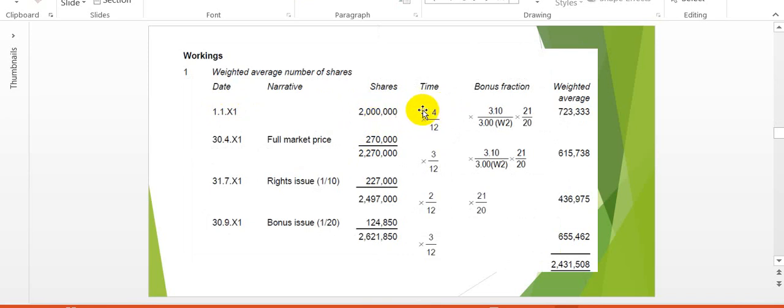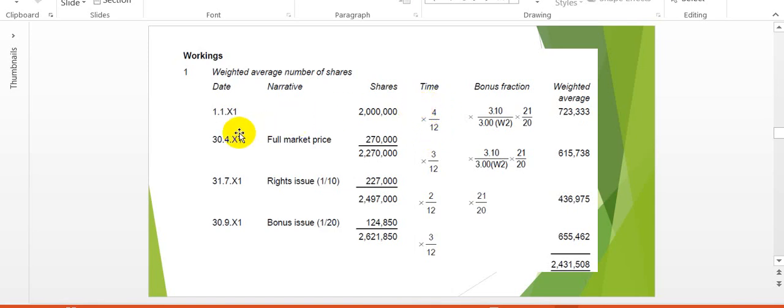So 2 million times 4/12. We'll come back and discuss the bonus fractions later. So for now, just take note that the 2 million shares were in issue for 4 months. So you have to compute a weighted average for those 2 million.